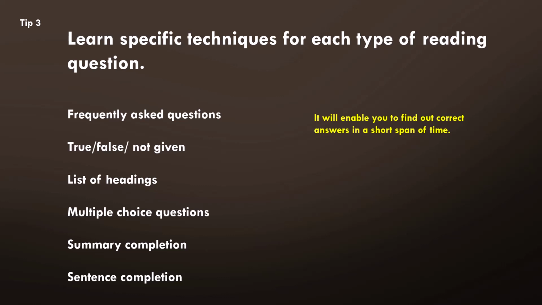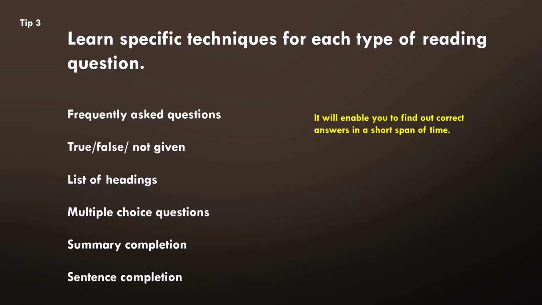For these types of questions, you have to learn specific techniques and tricks. If you learn them, it will help you to find your answers in a short span of time, in less than the required time.